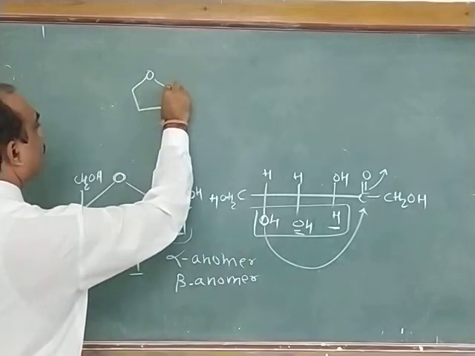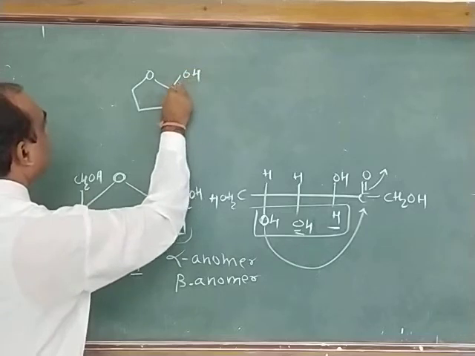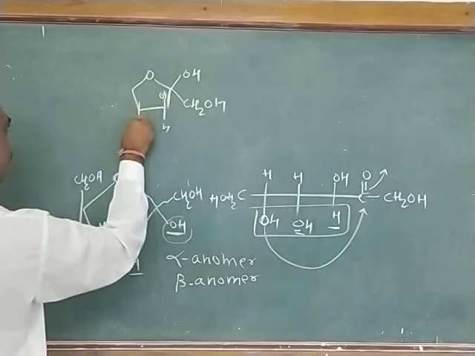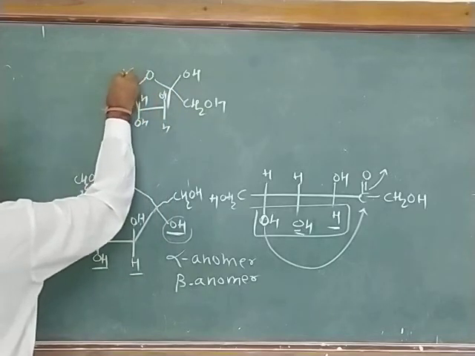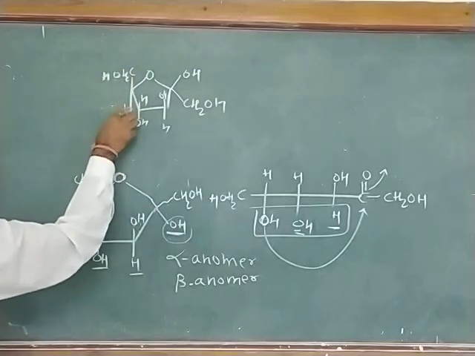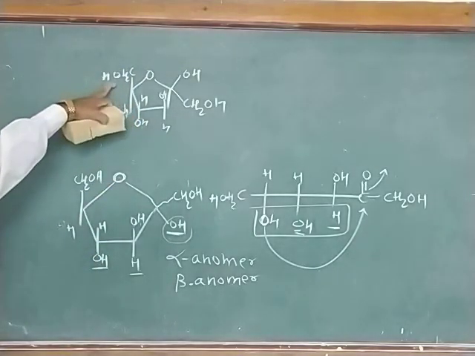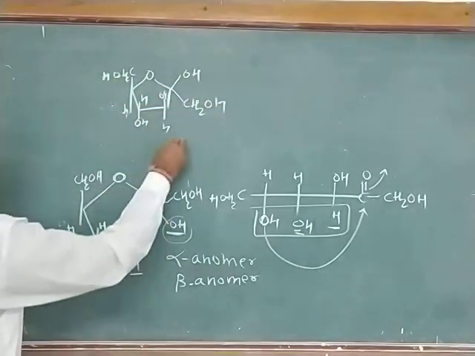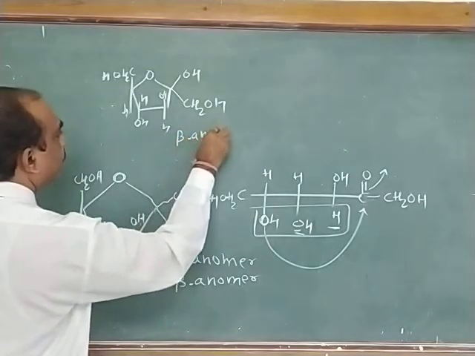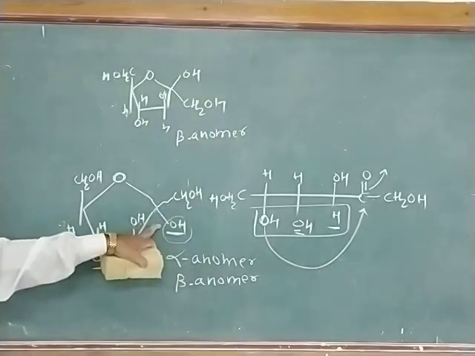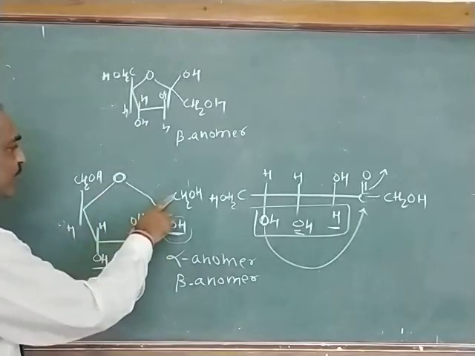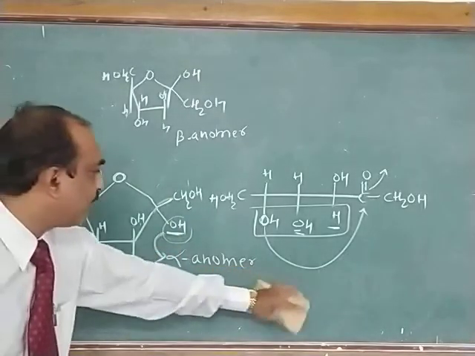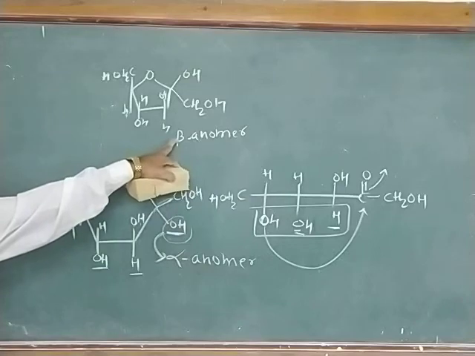See, this OH is going up and CH2OH is down. There is the OH, H, OH, H, and CH2OH. And here is the H. When this CH2OH and this OH are on the same side, that is called a beta anomer. When this OH is on the opposite side of this CH2OH, that is called an alpha anomer. That is the alpha anomer, and this is the beta anomer.